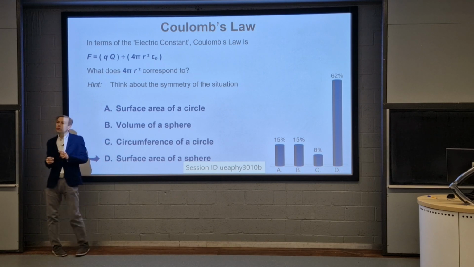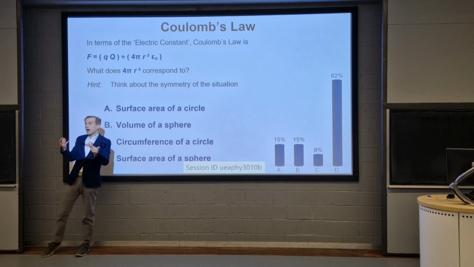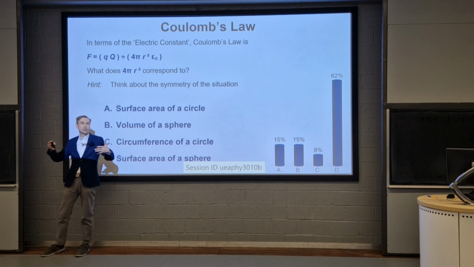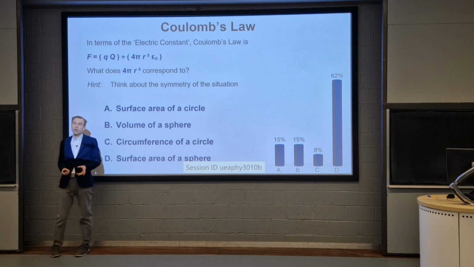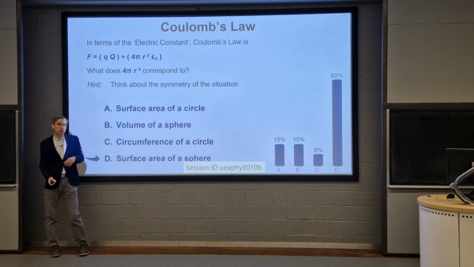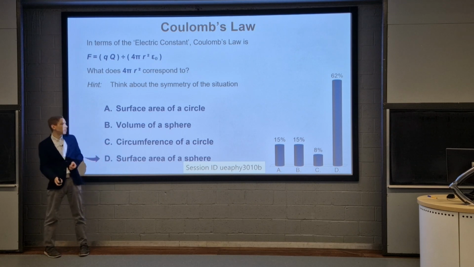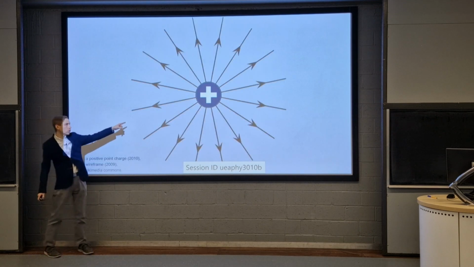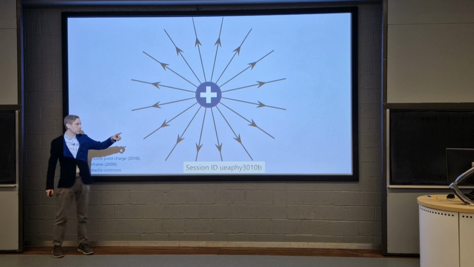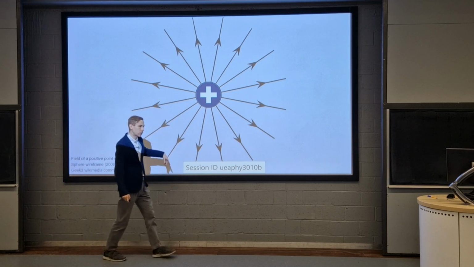Figuring this out was really the key insight that helped Gauss develop a way to describe electric fields in a very unified way. So an approach which we can use to describe any electric field that we like. So let's take a look at the big picture here. Let's see what's going on with this surface area of a sphere business. We've got our big old charge over here, and we've got these electric field lines coming out from it.